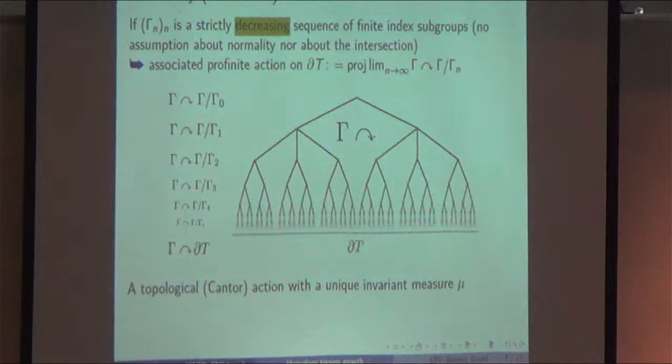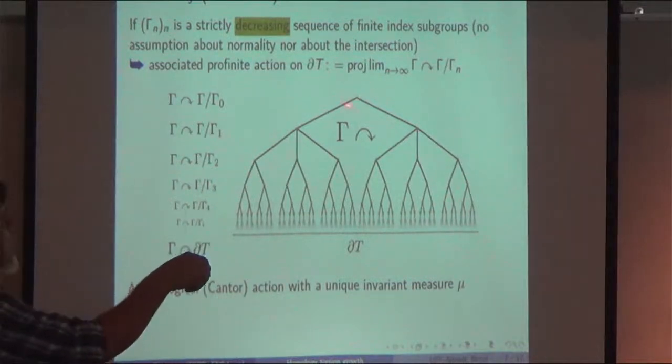Previously, continued. In the case where you consider a strictly decreasing sequence of finite index subgroups, with no assumption about normality nor about the intersection, you can associate the profinite action on the boundary of the projective tree associated to that.